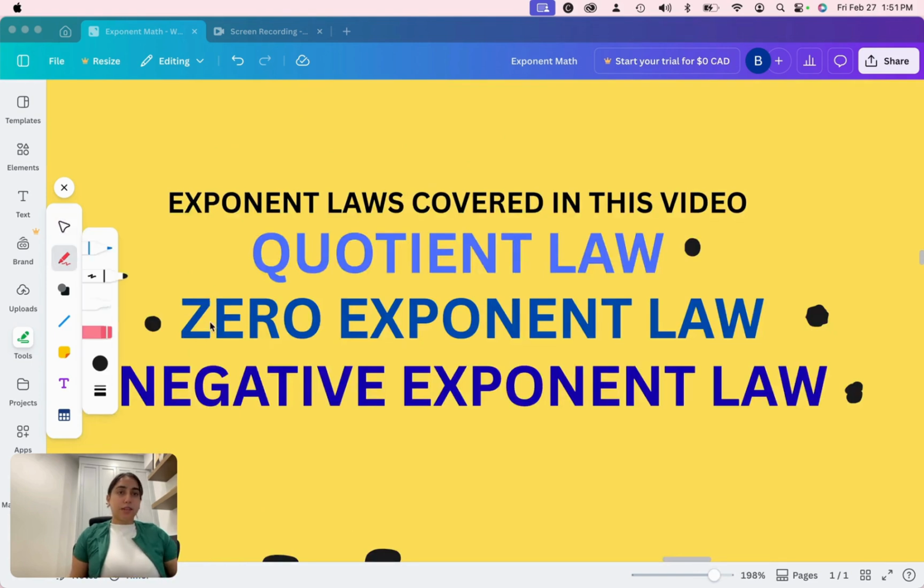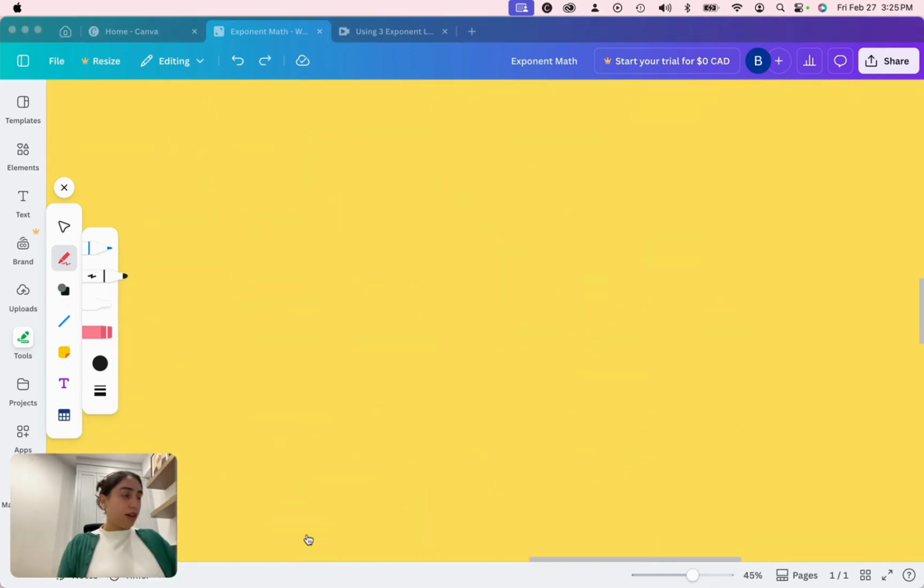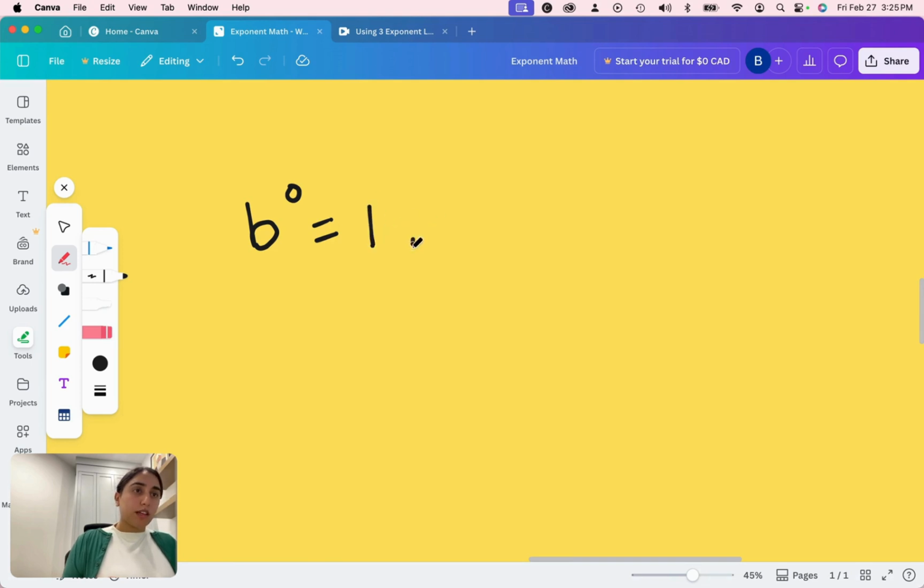Okay, so the last thing we have to cover is this law right here, the zero exponent law, which we have in our answer. Essentially, this law states that anything to the power of 0 is equal to 1, for any non-zero number.